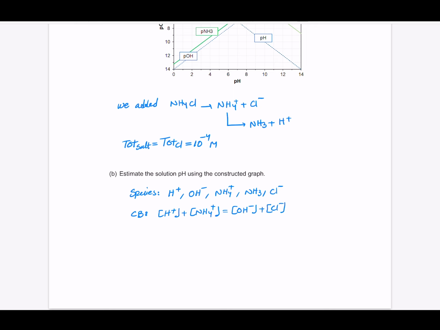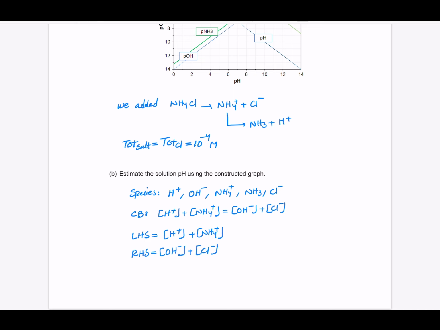And the way we did it was basically the left-hand side of the equation was equal to the right-hand side in order to satisfy the charge balance. So the left-hand side is basically H plus plus ammonium, and the right-hand side is basically OH minus plus Cl minus.